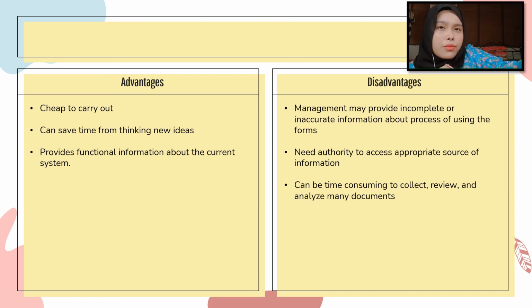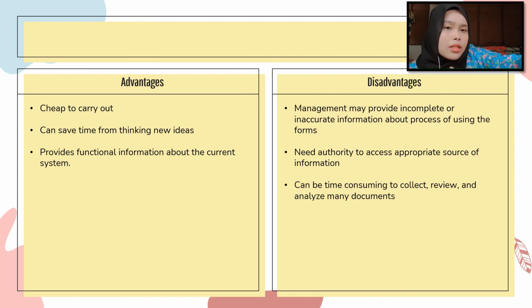The first disadvantage of document review is that management may provide incomplete or inaccurate information about the process of using the forms. Incomplete because the existing documents are written manually by hand. It can lead to incorrect information. Next, it needs authority to access appropriate sources of information.